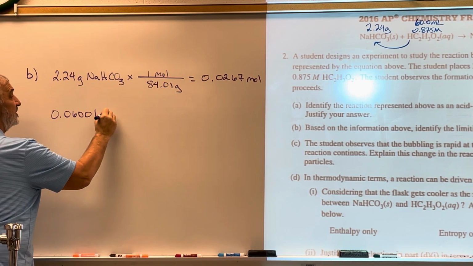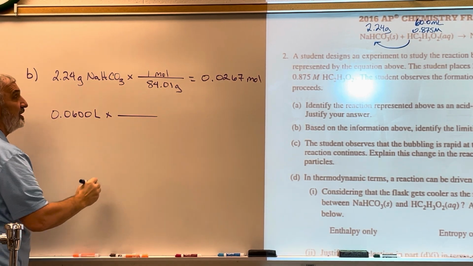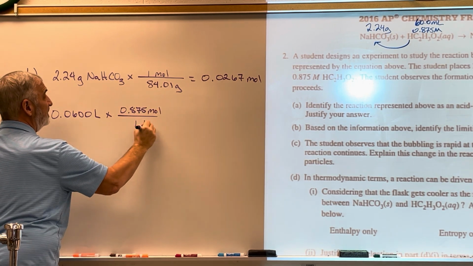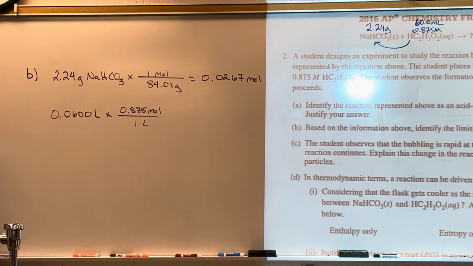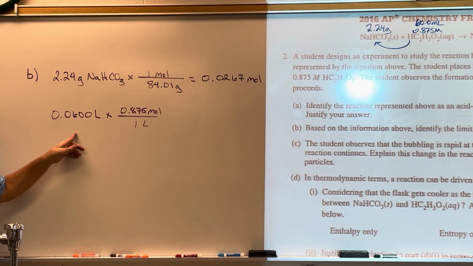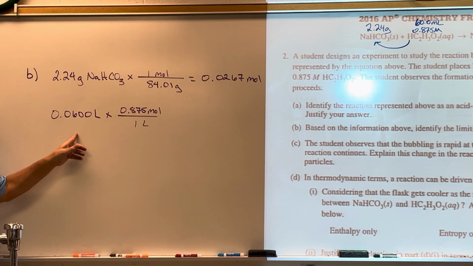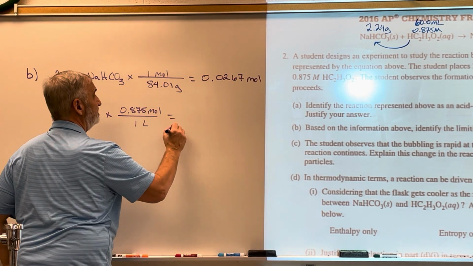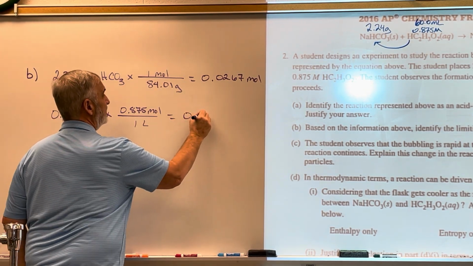So that's liters times the molarity, 0.875 moles over 1 liter. You don't have to show work for the conversion. You can just do that in your head. That should be common knowledge by this point. Dividing by 1,000, just moving the decimal 3 places. And so what does this come out to? 0.0525 moles.